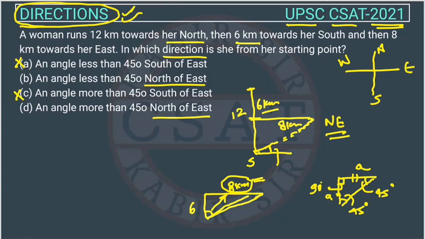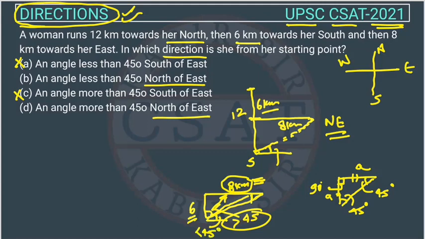So this is the greater side, so the angle in front of it will be greater. This is the smaller side, so the angle opposite to it will be smaller. So this will be greater than 45 degree. If this is greater than 45 degree, then this remaining angle will be less than 45 degree, right.